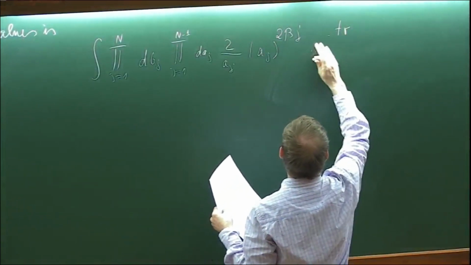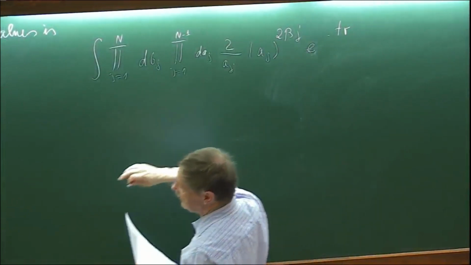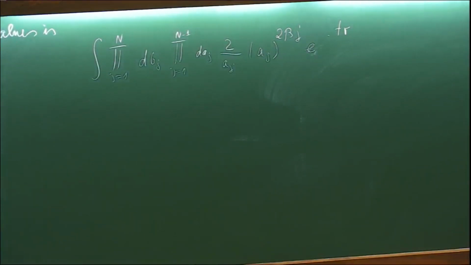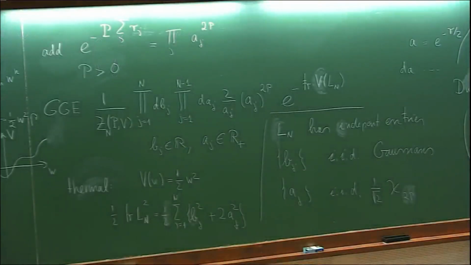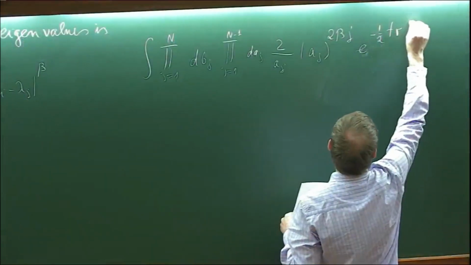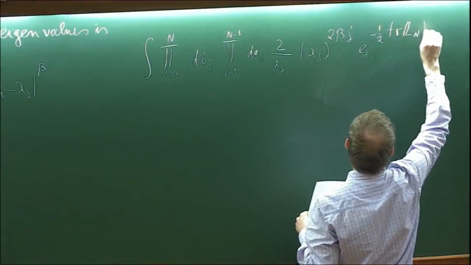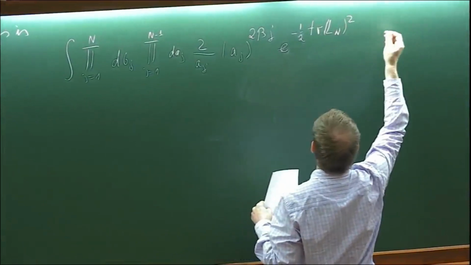Now in the Edelman case, I have this particular distribution, the diagonal Gaussian, and then we realize that that's just a thermal case. So I have first one term, which is the minus 1/2 trace L N squared, and then there will be some other part.